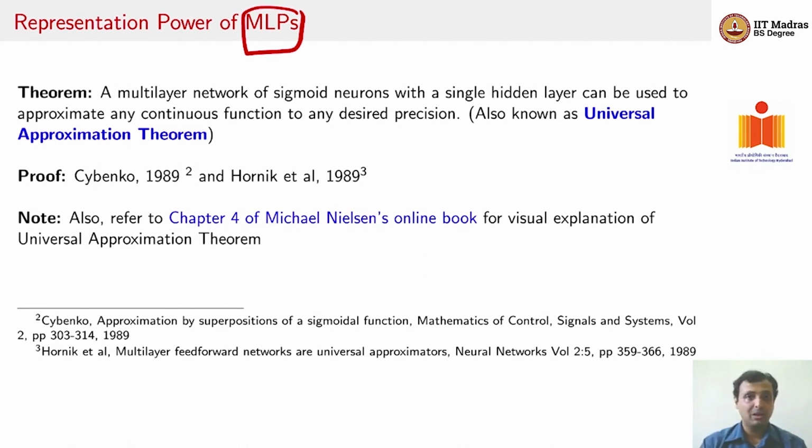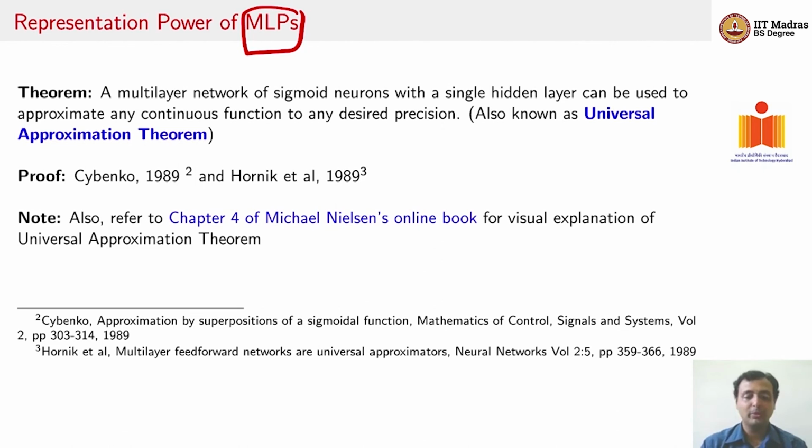A very well studied, very well cited theorem is known as the universal approximation theorem, which states that a multilayer network of sigmoid neurons with a single hidden layer can be used to approximate any continuous function to any desired precision. This is a fairly strong statement. We are saying that if you give any continuous function, we can use a simple multilayer perceptron with sigmoid neurons and one hidden layer to approximate that continuous function.